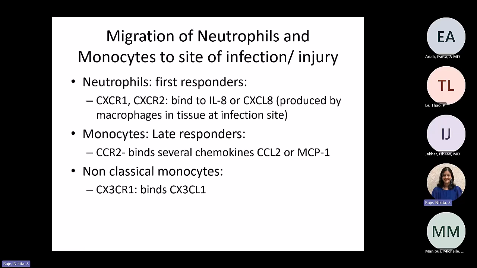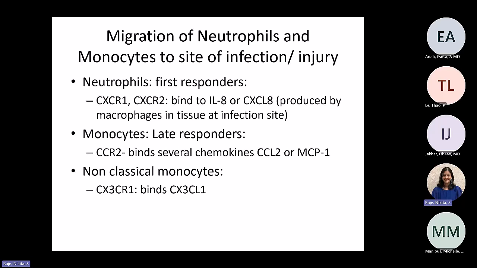Neutrophils, as I mentioned, are first responders, right? There will be selectin ligand interaction, integrin interaction, and then chemokine and chemokine receptor interaction. The chemokine important for neutrophils is IL-8 or CXCL8, two names for the same molecule.